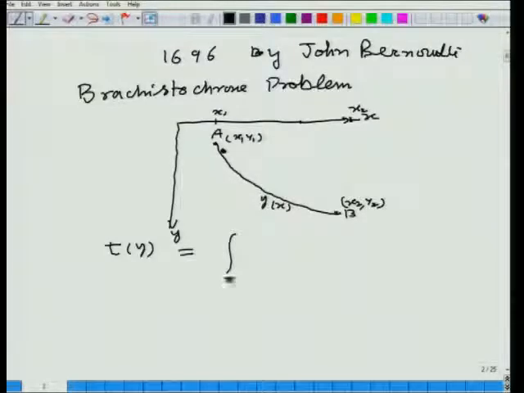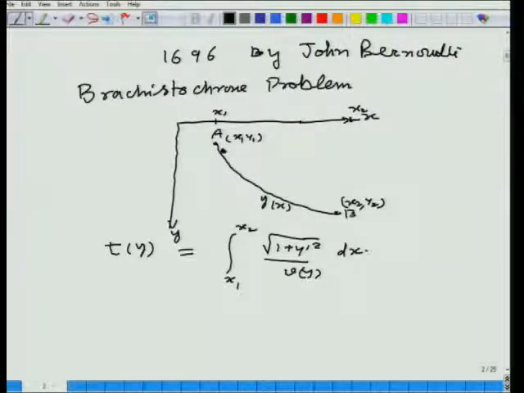Then the integral is from x1 to x2 of square root of 1 plus y prime square, that is ds, upon the velocity, which is a function of y, and this functional is what is called the time taken by the particle sliding from A to B under the influence of gravity.